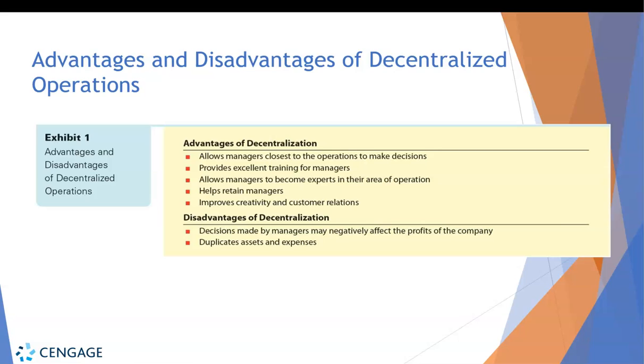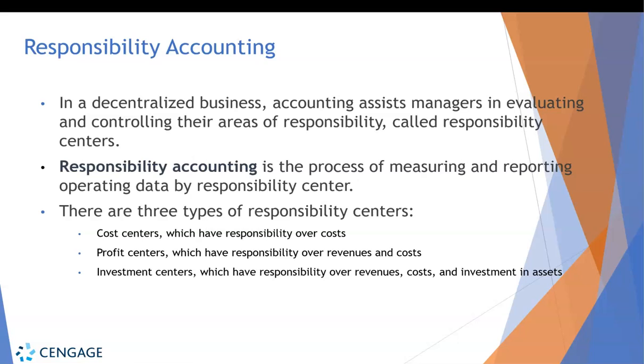Ultimately, the disadvantage could possibly affect the profits of the company, and there could be some duplication on certain assets and expenses just because instead of seeing a bigger, broad picture, they're allowing each individual department to make those decisions.